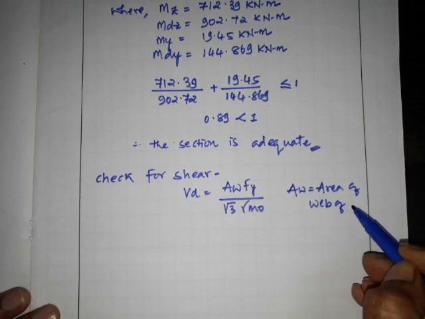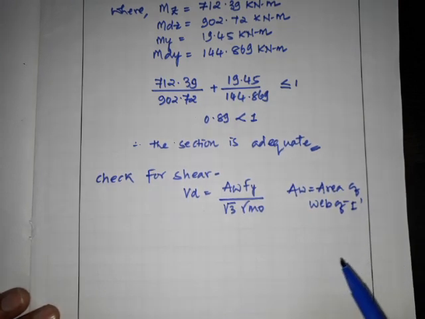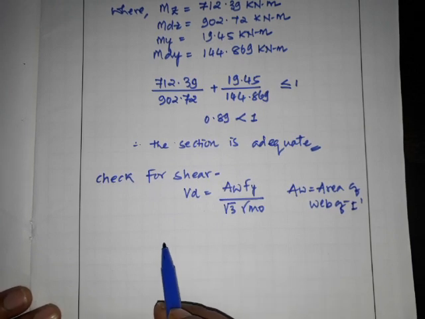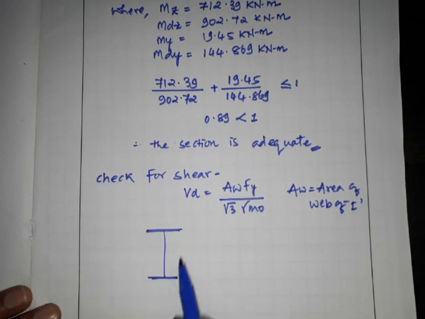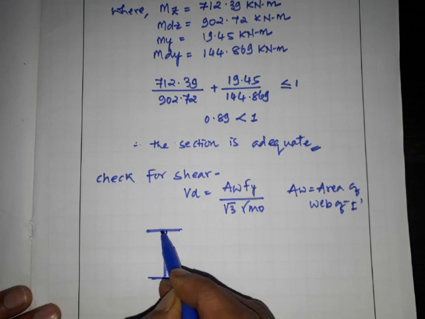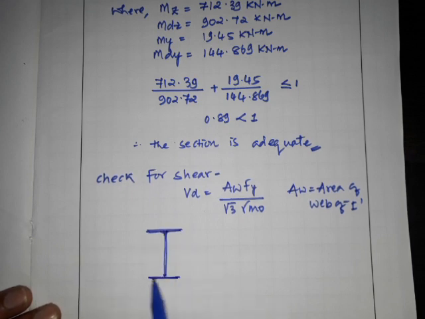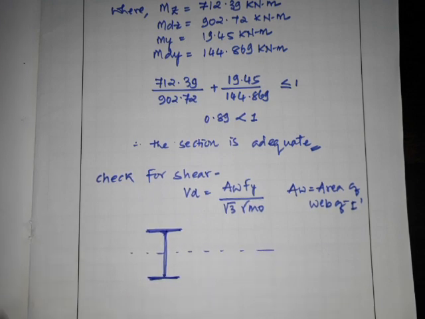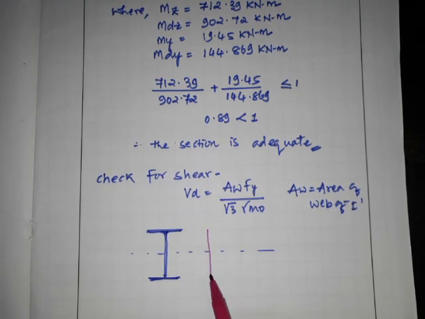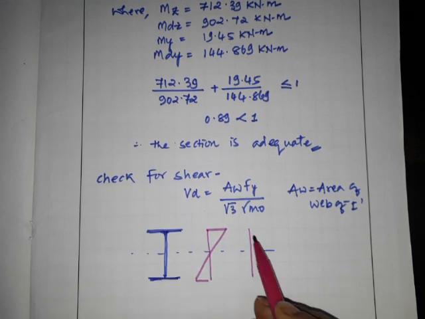of I section, okay. Why you have to consider area of web only here? Because when you consider the I section and find out its force distribution, that is bending and shear. So if you draw the bending stress diagram, it will be like this, and if you draw the shear stress diagram, it will be like this.